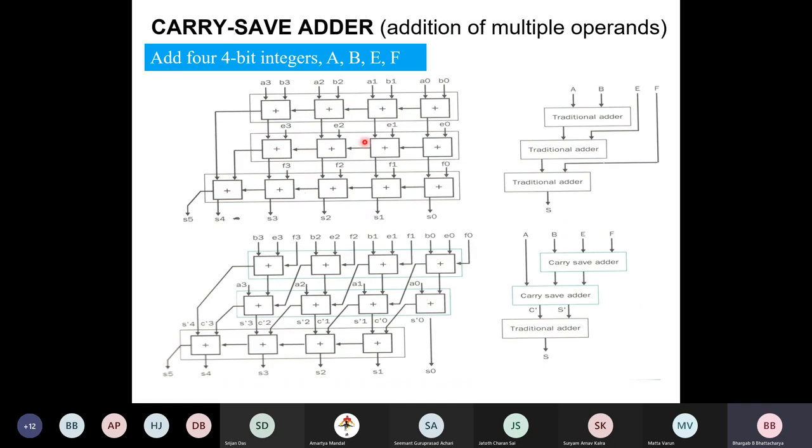As we remember, when you add multiple numbers, this is the typical way of arranging the adders, a ripple carry adder in a two-dimensional array. Instead of doing this, you can break this connection and consider this diagonal connection, so that the signal flows downwards. In that process, we reduce the delay to some extent. This is the principle of carry save addition for adding multiple numbers, and the same thing can be used here, right?